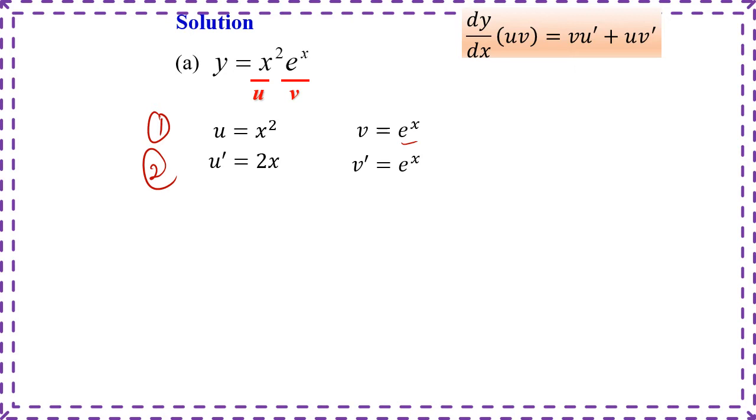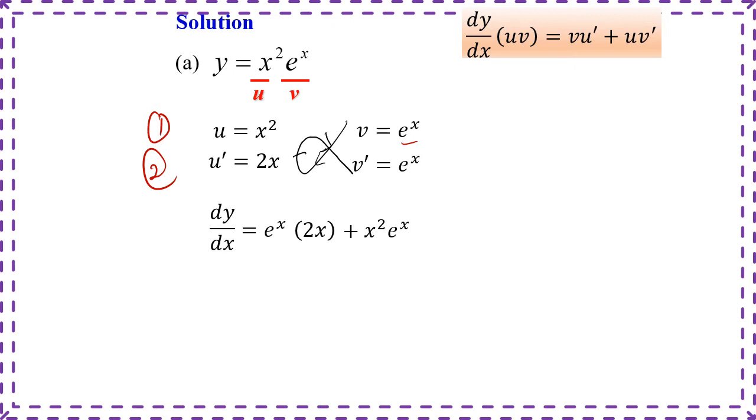Now applying the cross-fish method, usually it's v u prime plus u v prime. It's a cross-fish. So v is e to the power of x multiplied by 2x, and then plus u, which is x squared, multiplied with v prime, which is e to the power of x. Now to simplify everything, can we see any common factor?